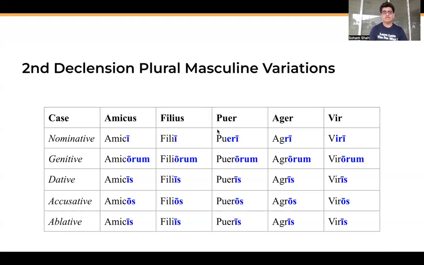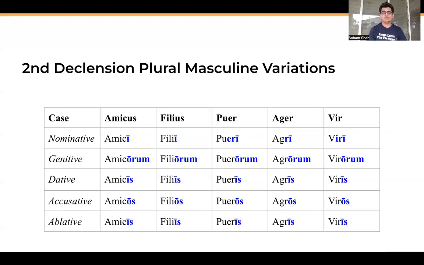Now, let's look at the second declension plural masculine variations. We have amici, amicorum, amicis, amicos, amicis. Again, let's look at the pattern of only the letters which are bolded and in the color blue: i, orum, is, os, is. For filius, it's filii, filiorum, filiis, filios, filiis. For puer, it is pueri, puerorum, pueris, pueros, pueris.